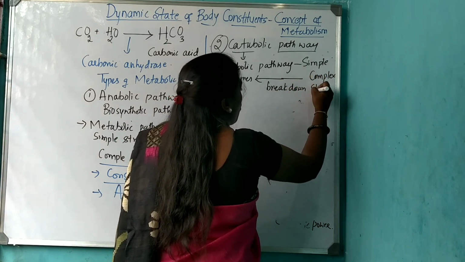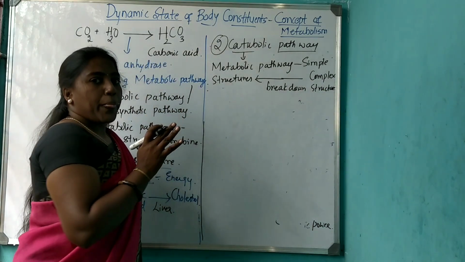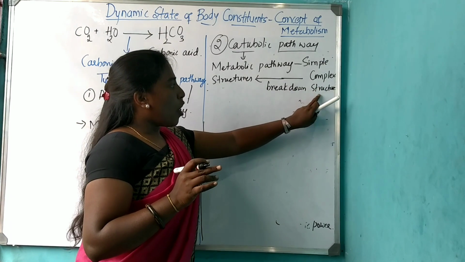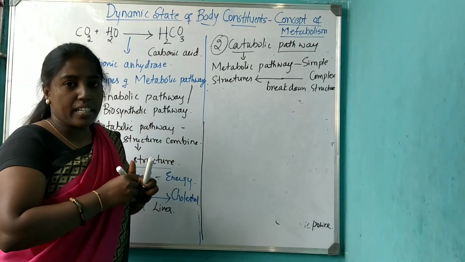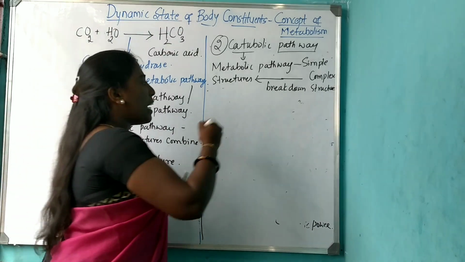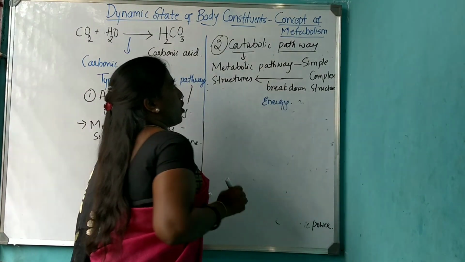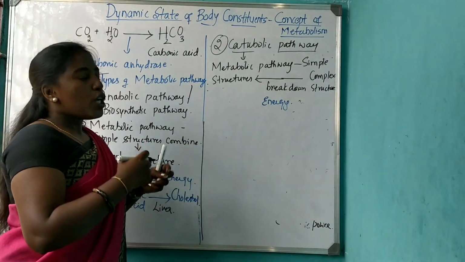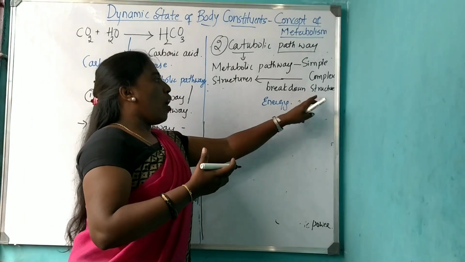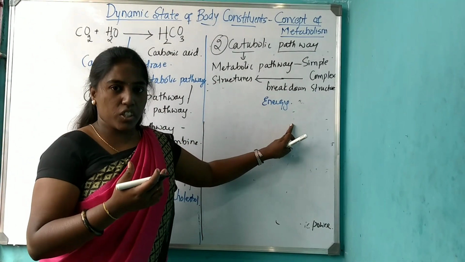When complex structures break down into simple structures, it yields or produces energy. In simple terms, the catabolic pathway is the degradation of complex structure into simple structure, which yields energy.